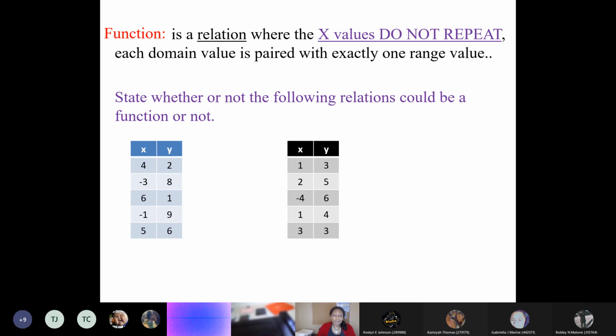Keelan, can you hear me? Which value repeats? You said it repeats. Which one repeats? We don't have time for this, Keelan. Kelton, which one repeats?